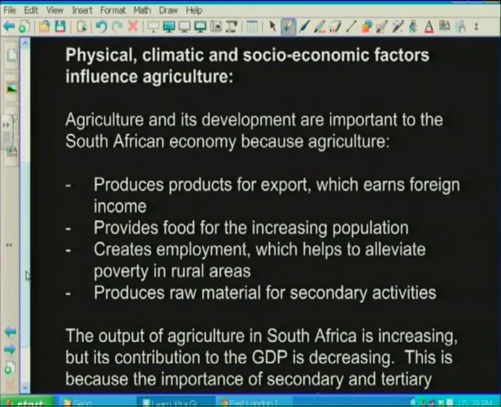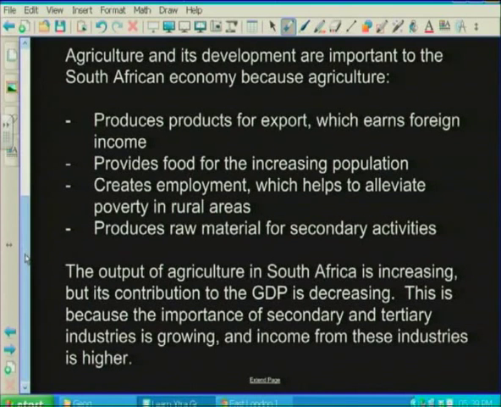But basically, if you read through your notes there, we have summarized for you some of the main ideas of how agriculture contributes to South Africa's gross domestic product, the value or the level of goods that are produced in a year by a particular sector of the economy.